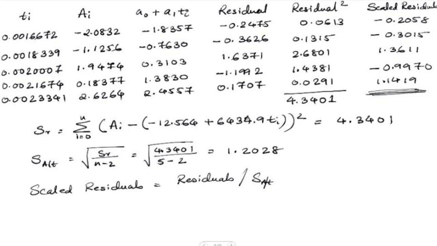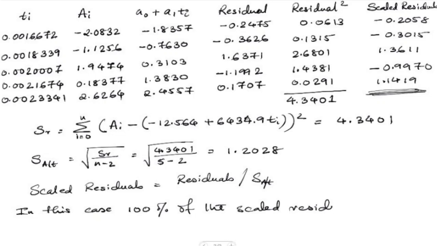So we can say that in this case 100% of the scaled residuals are between plus minus 2, or you can say more elaborately between minus 2 and 2.